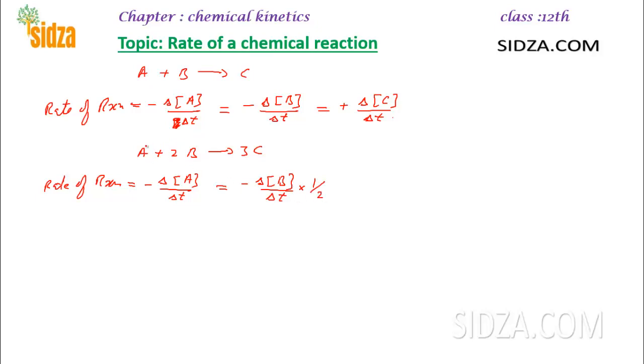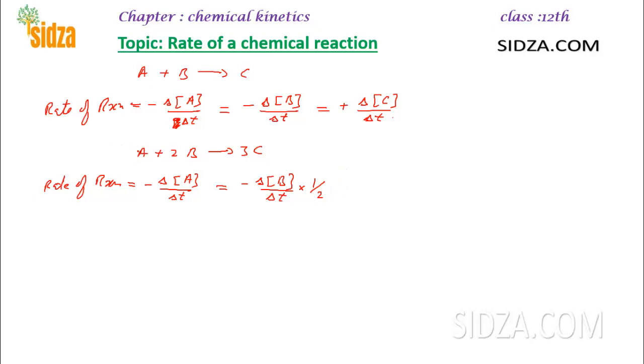It's because in the time period in which 1 mole of A is consumed, in the same time period 2 moles of B will be consumed. So basically the rate of disappearance of B is 2 times that of A. That's why I multiply by 1 by coefficient, to make it for 1 mole.